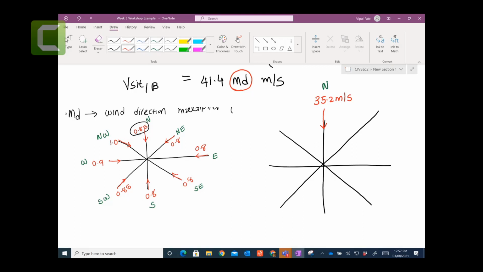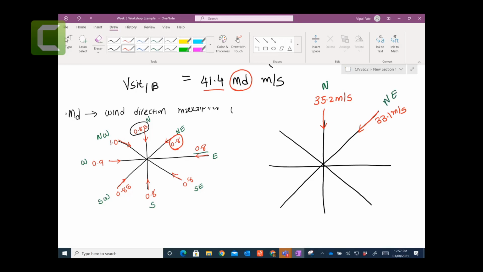I hope you are okay with this one. Put this arrow: we have 0.8, so 41.4 times 0.8, you get 33.1 meters per second, and that is northeast.